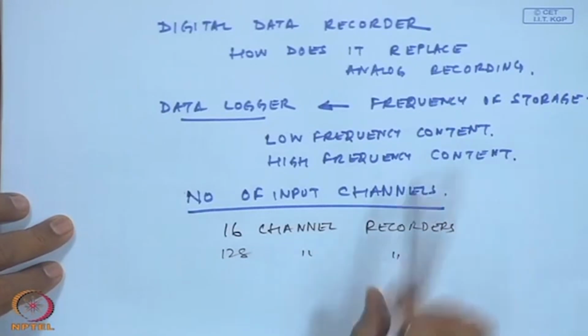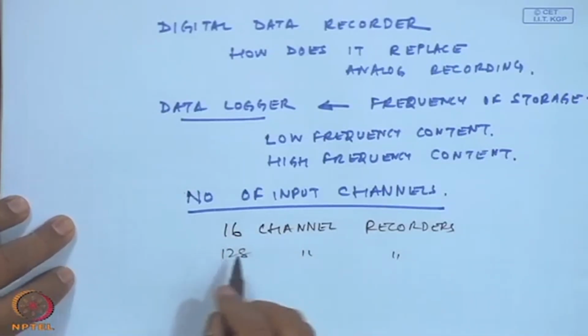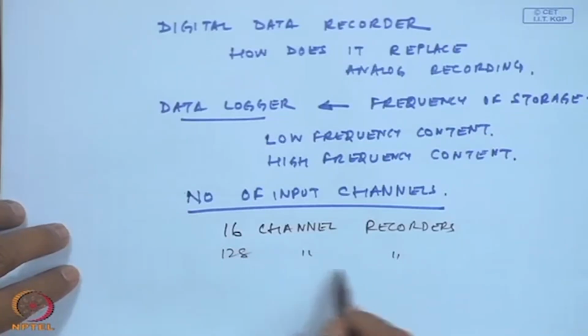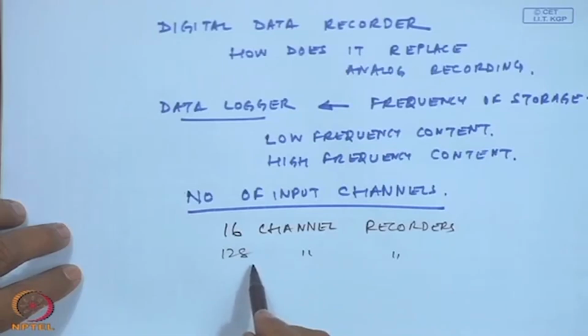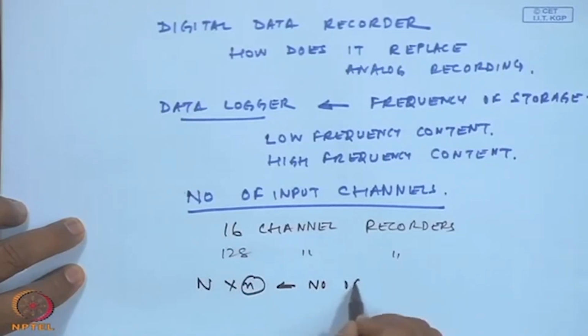That depends on the interest. Of course, all the previous examples we have done with one channel. If simultaneously I want to record 16 channels of data or 128 channels of data, I need to multiply the number of data points by small n, where small n is the number of channels.